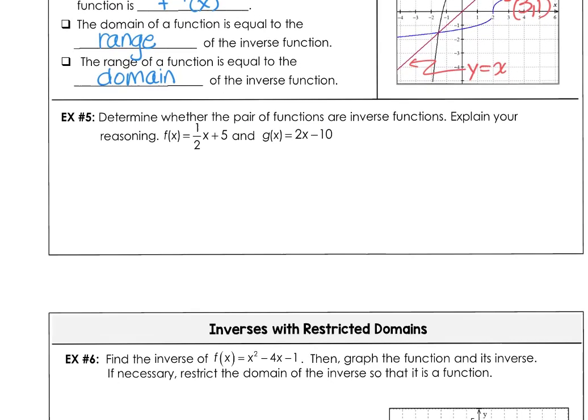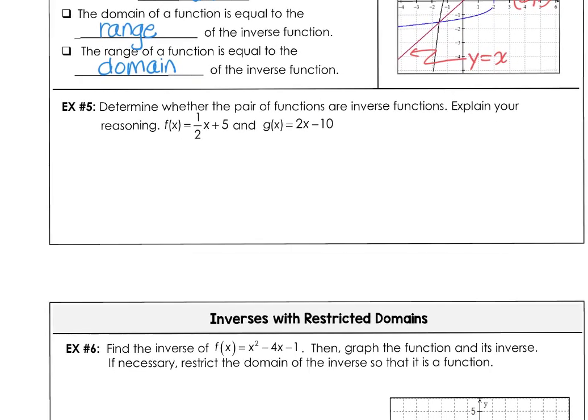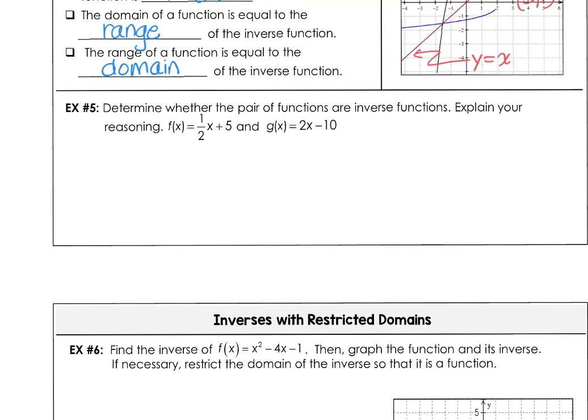Let's take a look algebraically and determine whether the pair of functions are inverses of each other. And remember, this was when we're going to do compositions. So we want to see what happens. Does f of g of x give us x? That's our problem. So f is 1/2 x plus 5.